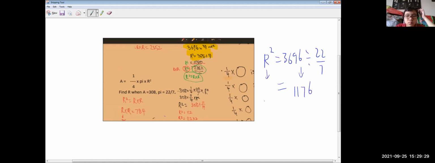What is the left-hand side? R square. Anything else? No. Who gives you times 2? Answer my question.